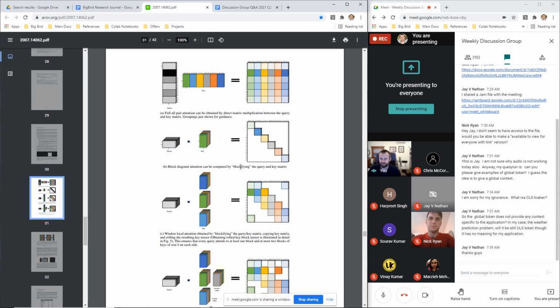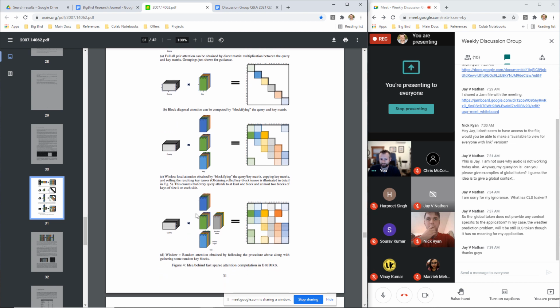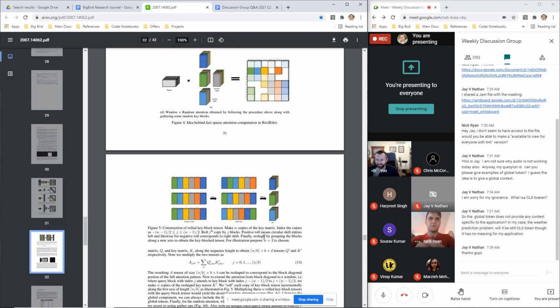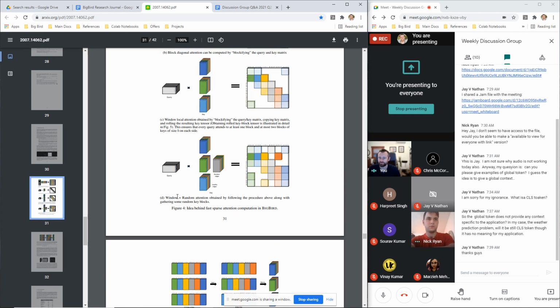They try to illustrate how you take these different blocks and then squish them together into one tensor. I don't know if that does anything to clarify it. But it's grabbing the different blocks of vectors, combining them together, and then it makes it a dense matrix multiplication again.